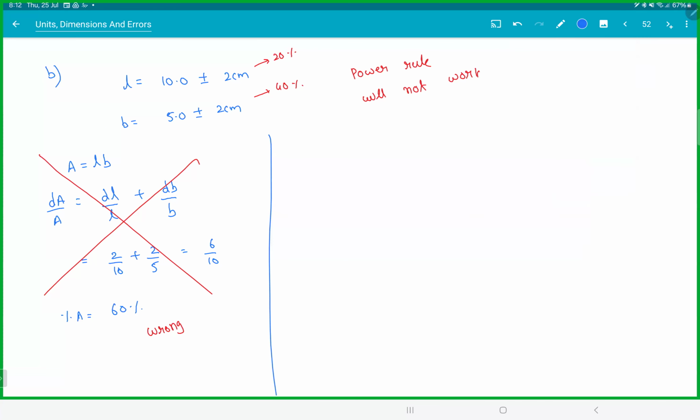So think about the worst thing that can happen. What is the worst thing that can happen? The maximum area. Max area possible is when L is 12, the upper limit, and B is also the upper limit, 12 into 7, 84 centimeters square. Make sense? So the max error possible would be max area possible minus L into B, the regular value.